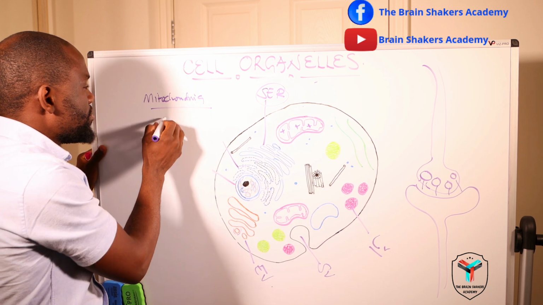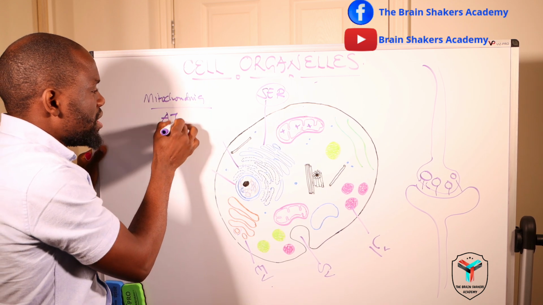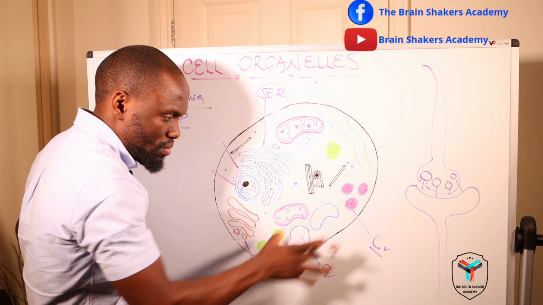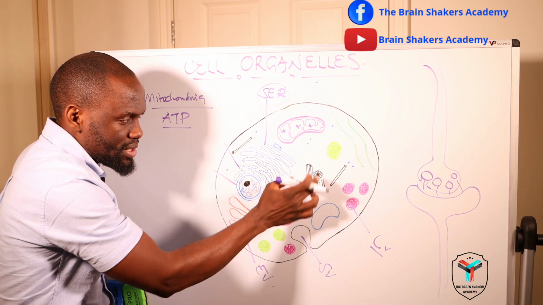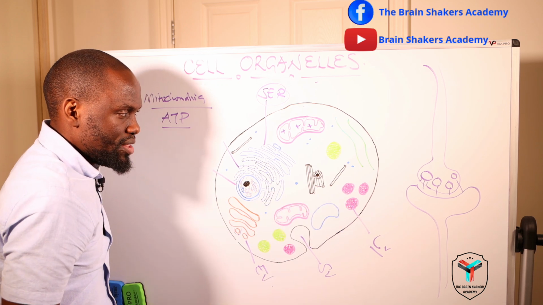It is basically for the generation of adenosine triphosphate, which is the energy that is required for the cells to actually function. You have another important element here, which is the centrioles.